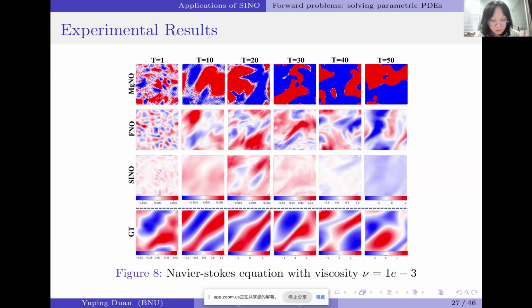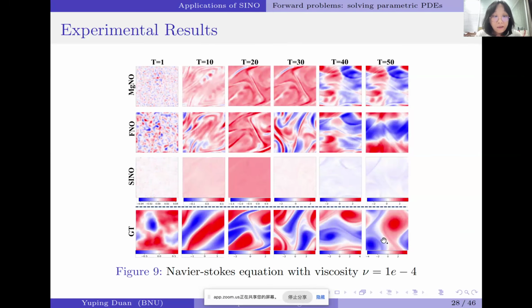The one-step operator is applied repeatedly for long-term predictions. Compared with the baselines, SINO stays closer to the ground truth. So we can see the residual image. SINO stays closer to the ground truth and better preserves the main flow pattern over time.